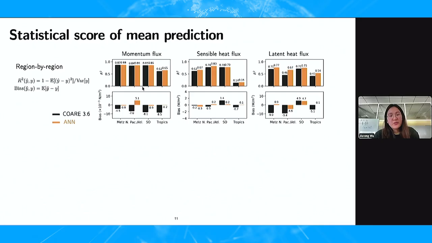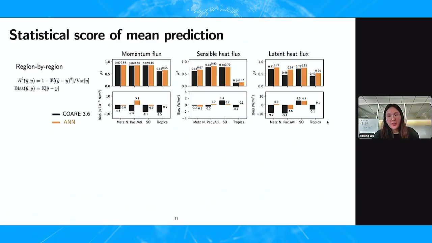But for momentum flux, both algorithms are already doing pretty well, so the improvement is really minimal. Maybe in terms of bias, there is a reduction of bias. For sensible and latent heat fluxes, we could see that both algorithms have less correlation with the measurement.